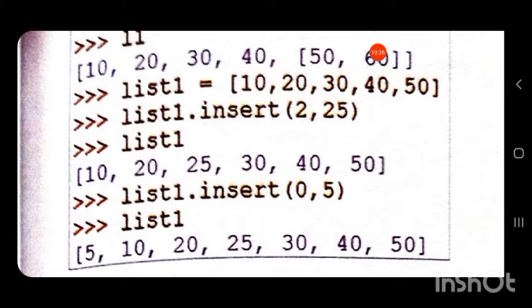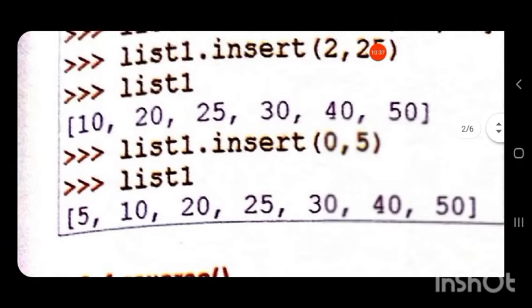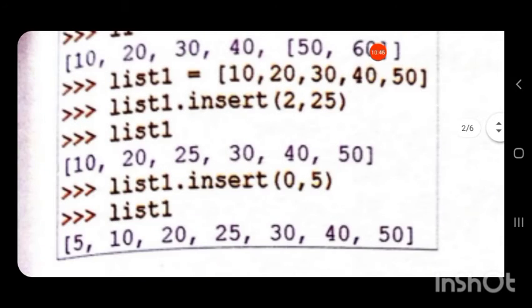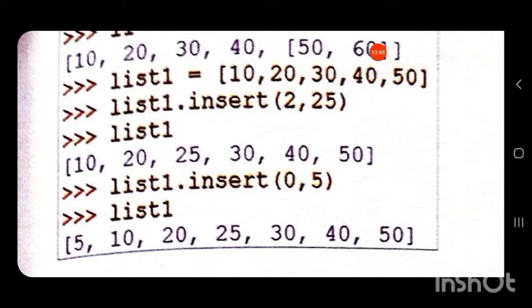For the first position, index position will be 0, comma, we are inserting the value 5. So we will write list 1 dot insert in bracket 0 comma 5. So at first position a value 5 will be inserted. So 5, 10, 20, 25, 30, 40, 50.